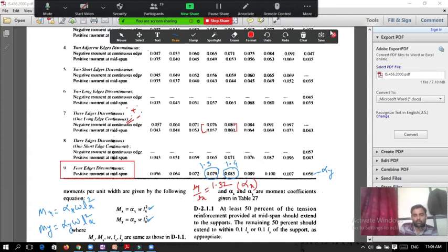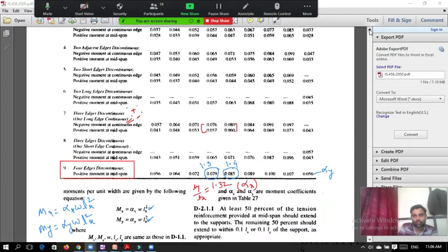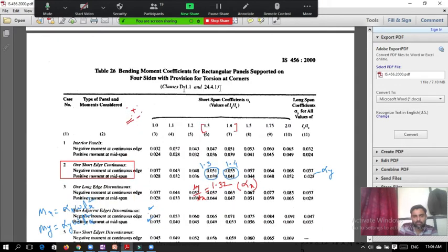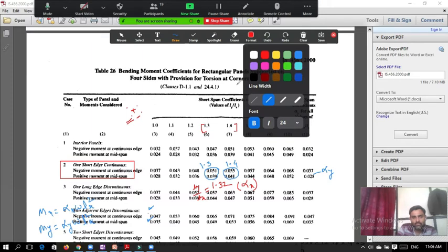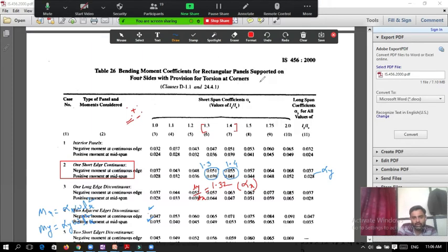And most importantly, you should go for this table number 26 when the corners are held down. When in the problem it is mentioned that corners are held down, use this table.